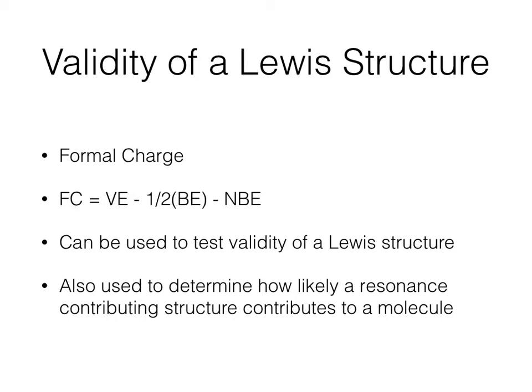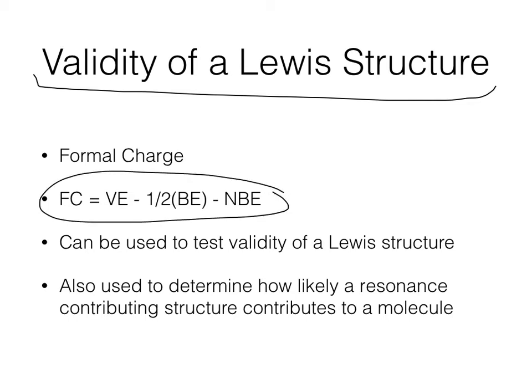It's not real. But we can use the idea of the model and look at how valid it is, how likely it is that a certain Lewis structure is going to contribute to the actual structure. So, the formal charge calculation, pretty easy. Formal charge is equal to valence electrons minus 1/2 bonding electrons minus non-bonding electrons.